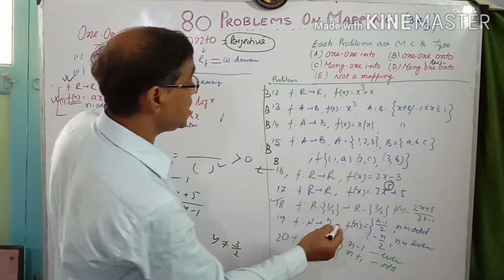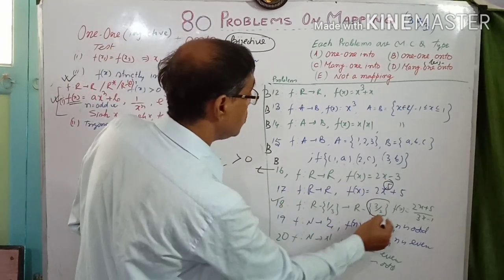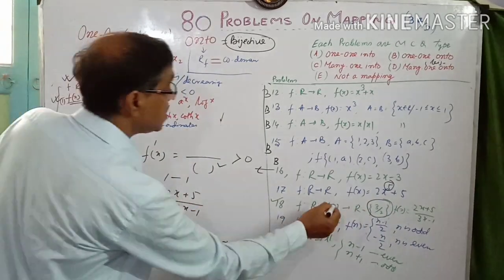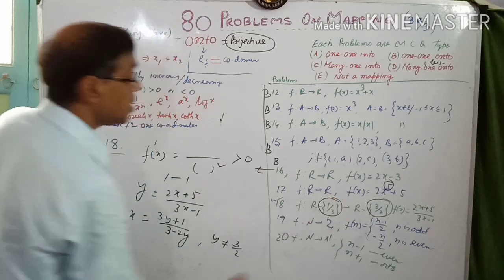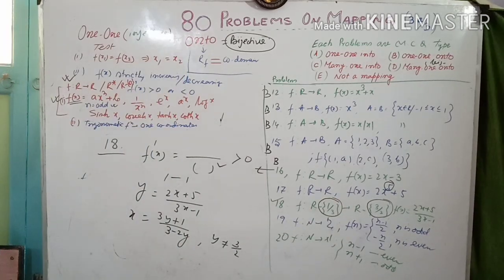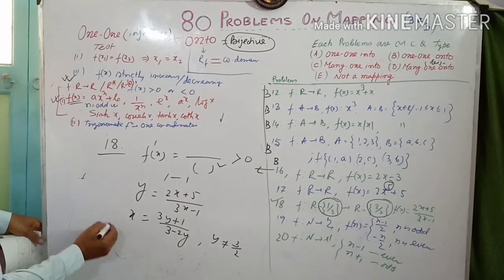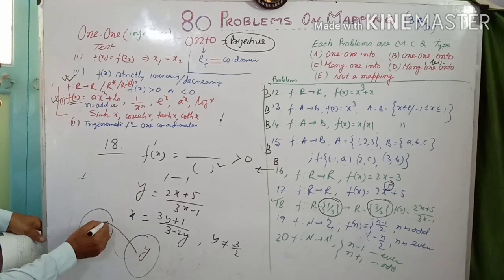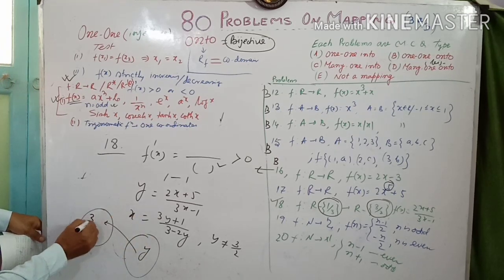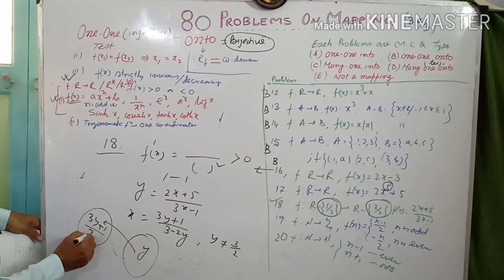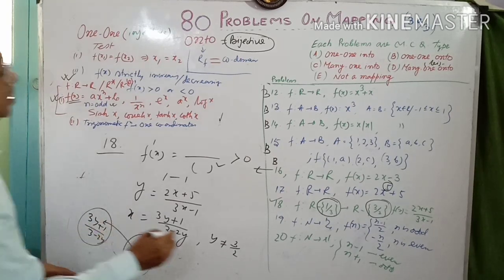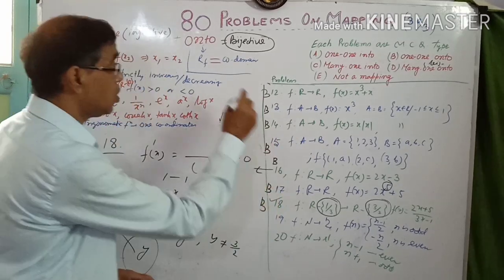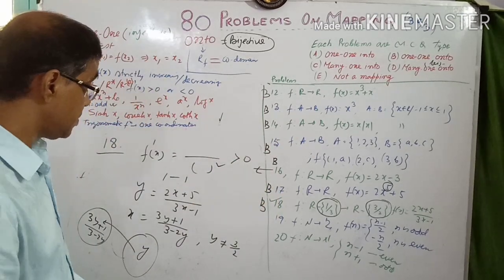Here the restricted value 3 by 2 is in the range set, and in the domain set minus 3 by 2 is not present. Therefore, for all y, there must be a pre-image of the form 3y plus 1 by 3 minus 2y. Therefore, this is also one-one and onto, that is bijective.